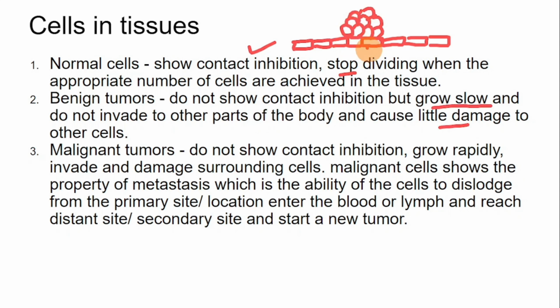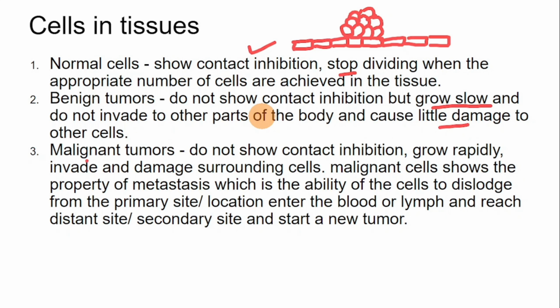This overgrowth is called tumor because it is palpable and visible. There will be swelling seen in the affected area. But the good thing is, in benign tumors, the cells grow slowly. This is very important. And they do not invade other parts of the body. Because of the slow growth, they cause little damage to other cells.